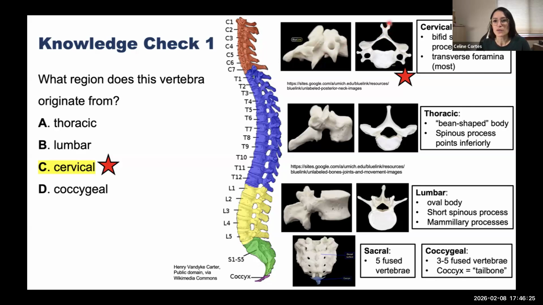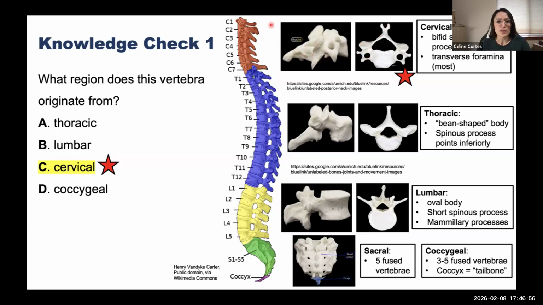Another thing that some of the cervical vertebrae have is a transverse foramen, on either side of the vertebral body in the middle. This is essentially where the vertebral artery runs through and travels up to the brain. Those characteristics can help you identify at least a good portion of the cervical vertebrae.